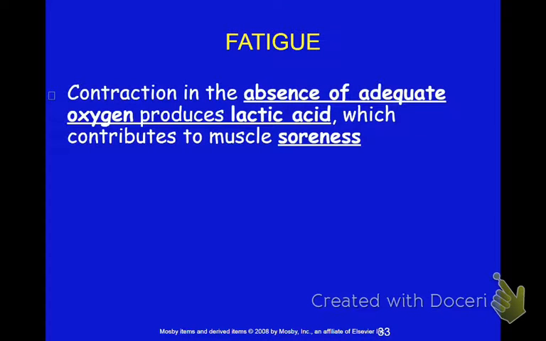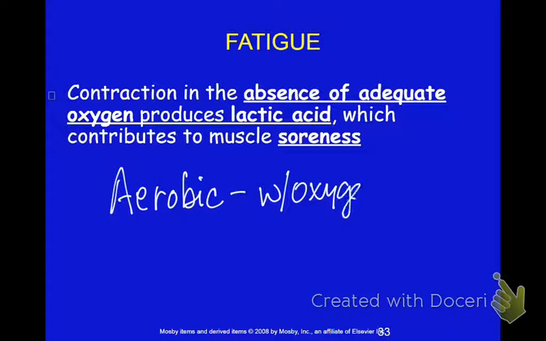If you are really pushing your muscles hard enough, you go into a type of anaerobic respiration. So aerobic respiration is with oxygen, and we get somewhere near 38 ATP gross from one glucose getting broken down.